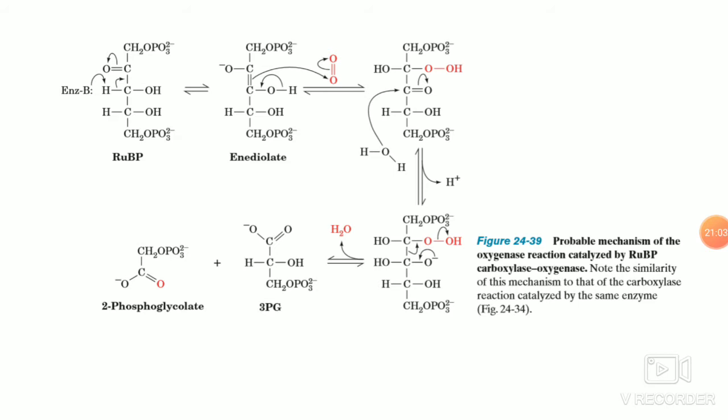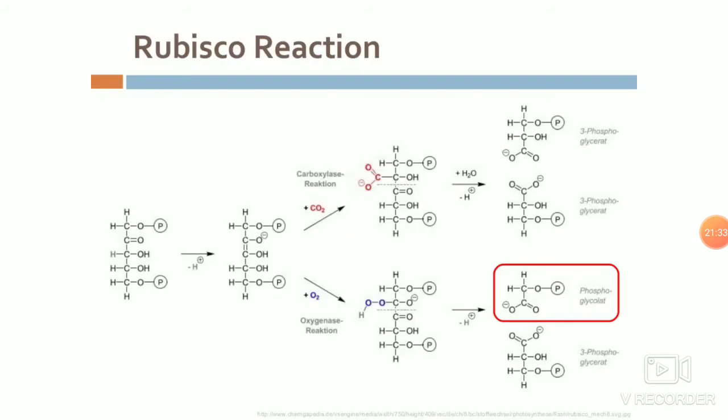Now instead of attacking carbon dioxide, because the carbon dioxide is used up and there is low concentration, oxygen is added in its place. This does not form a beta keto acid, but it forms similar molecules which again undergo rearrangements. With the release of water, you have formation of 3-phosphoglycerate and phosphoglycolate. This is the mechanism of the RuBP oxygenase enzyme.